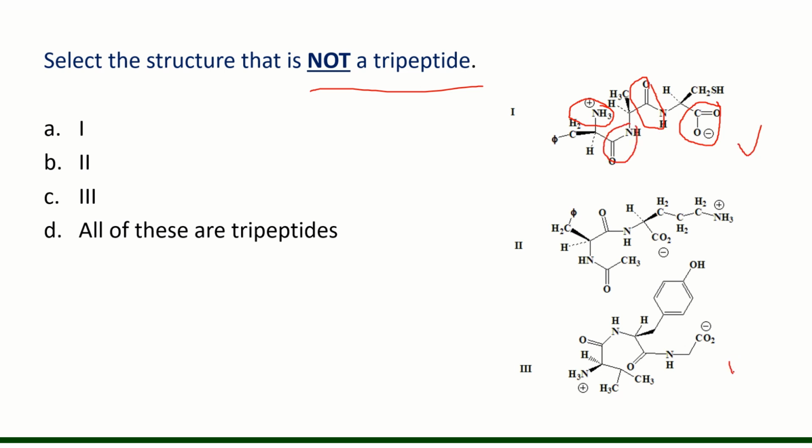You can see, for example, that we have a C terminus there, and if you look carefully, you have an N terminus over here, with the amide here and the amide here. So that's definitely a tripeptide.